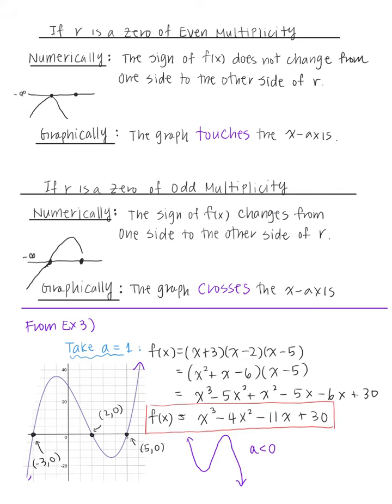Anyways, let's go back to example 3 that we did during this lecture. We came up with our f of x to be x plus 3 times x minus 2 times x minus 5, and then we multiplied it out, and we ended up with a third degree polynomial, right? And then I asked you, how many times does the graph turn?